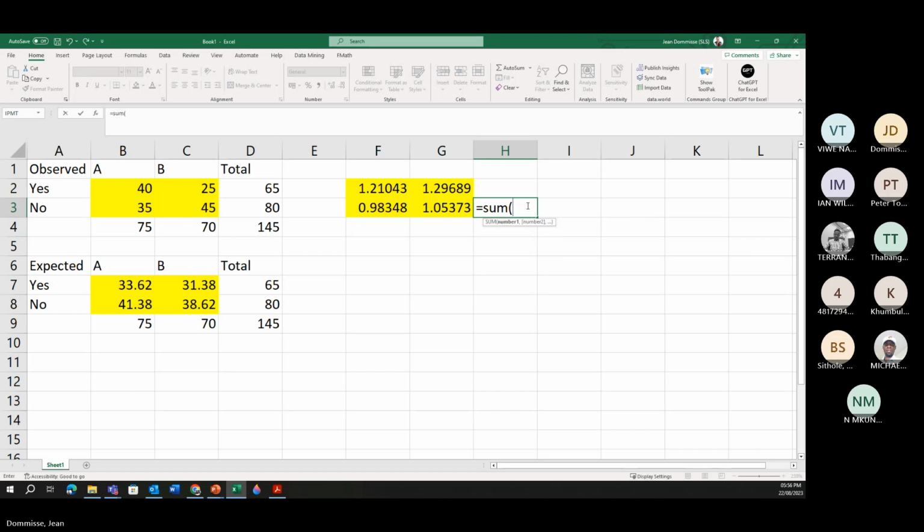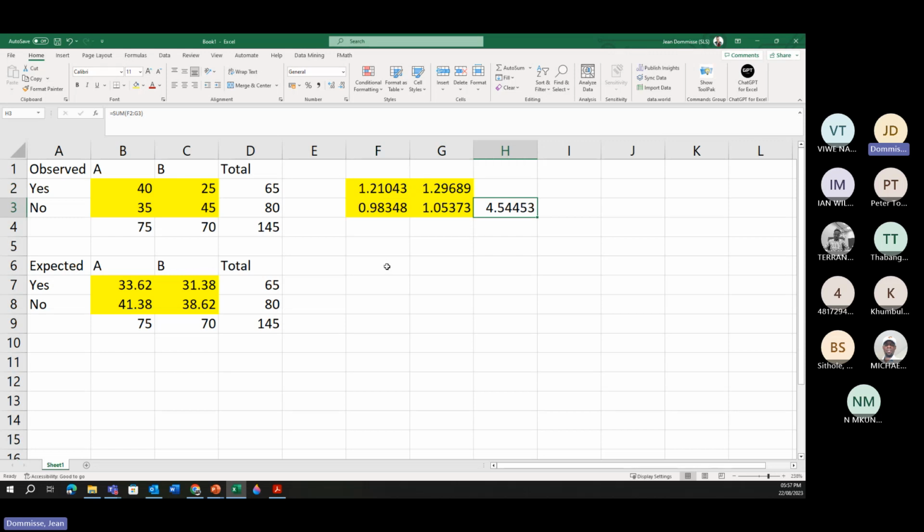It seems simple in Excel, but if you needed to do this by hand, you would need to work out that calculation 4 times, hoping that your calculations were correct, and then add all of the numbers together.